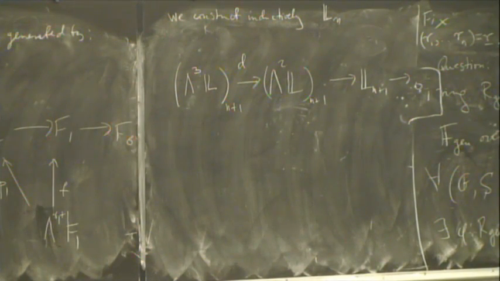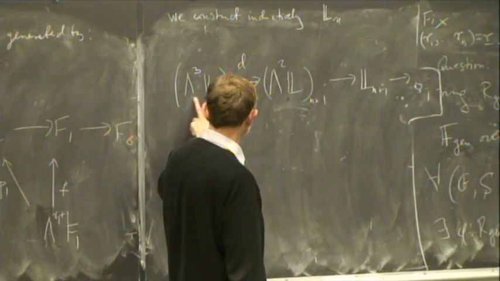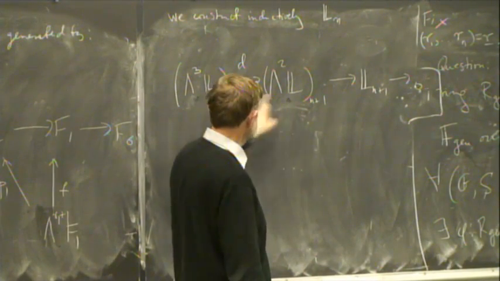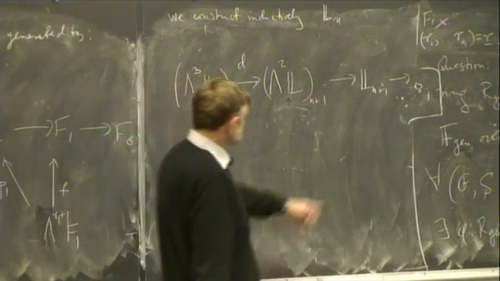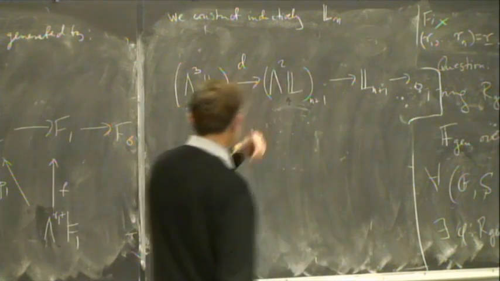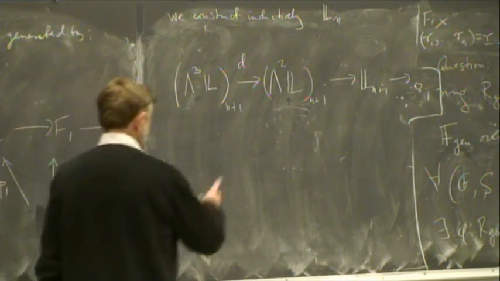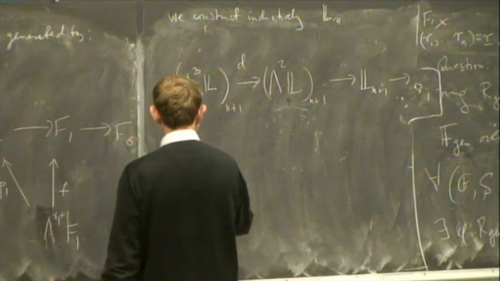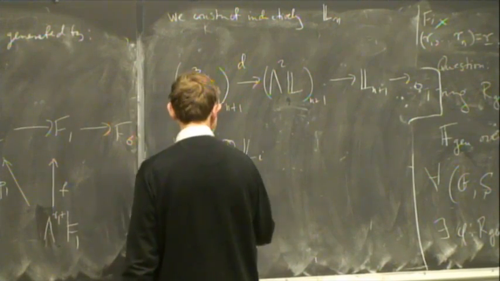I will not write it down. And if you look at the n plus first graded component, you will see here only Li's and Lj's for i, j smaller than n plus 1. So you can construct this as a co-kernel. And this gives you a nice sequence of L's.